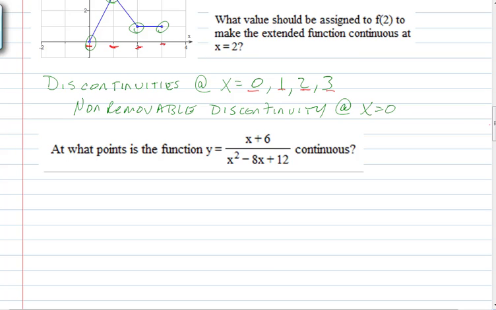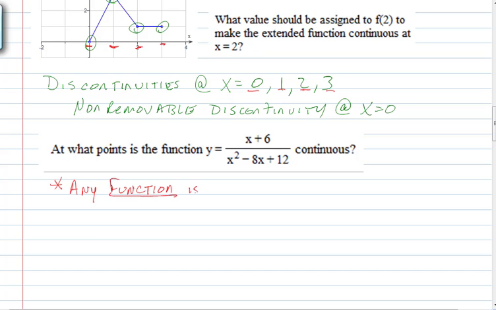All right, the next question says, at what points is the function continuous? Well, if it's a function based on the definition of a function, we're going to say it's continuous everywhere except where it's undefined, right? Relations maybe not, but functions definitely.